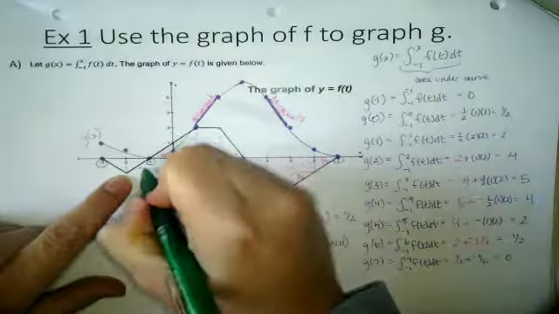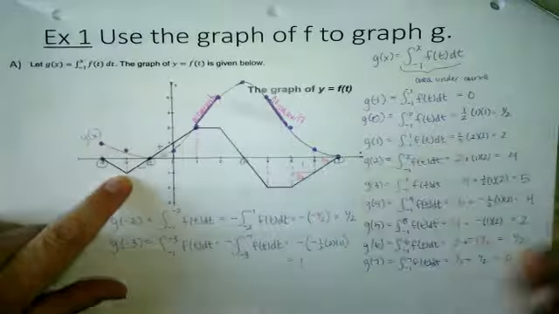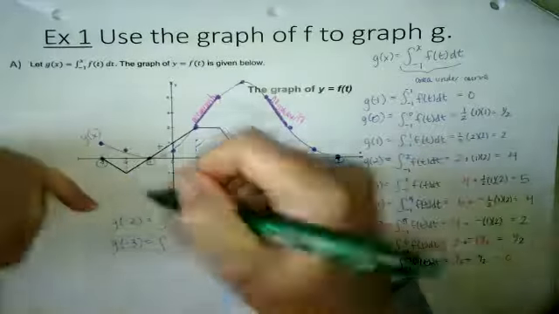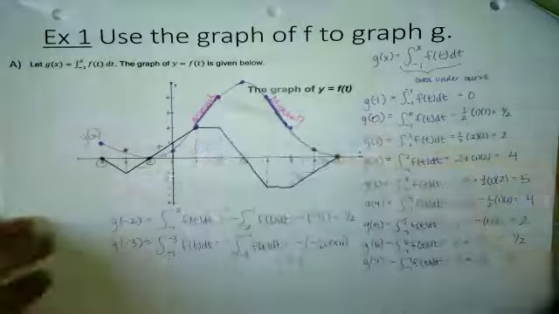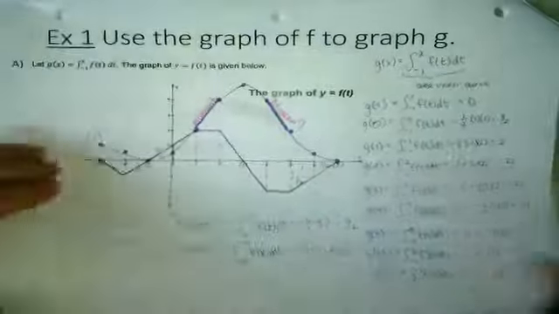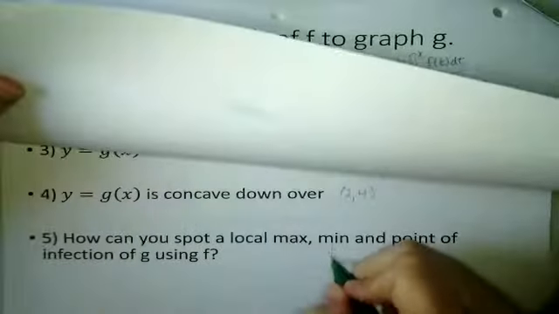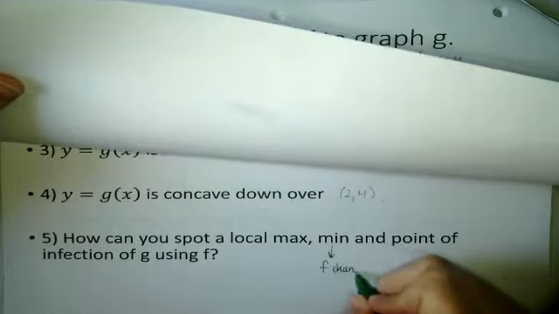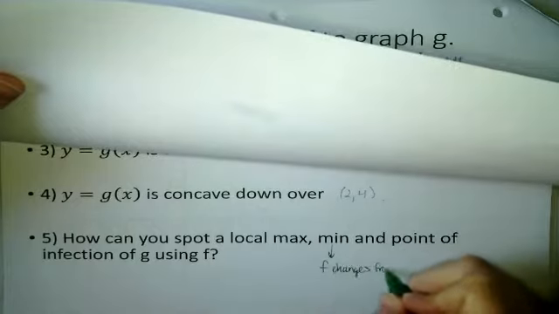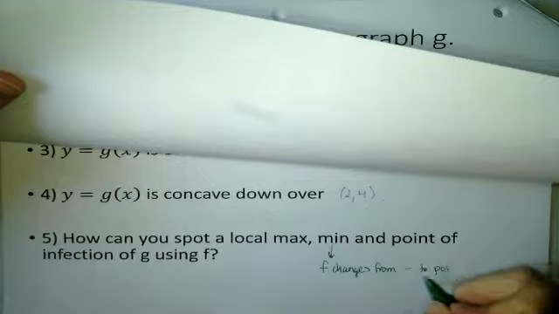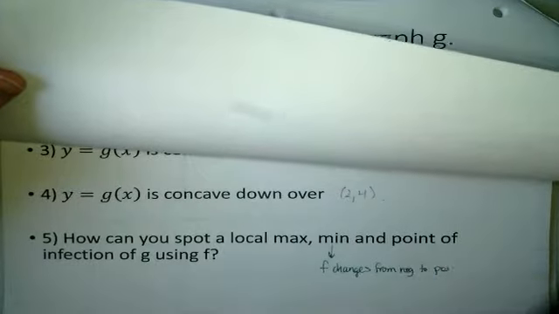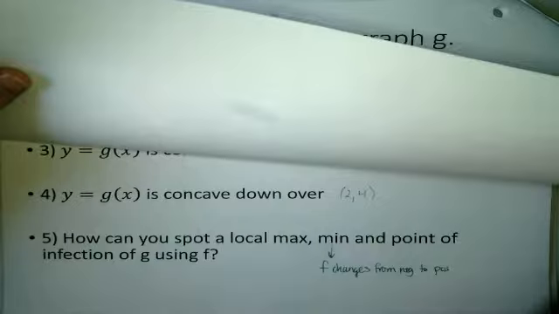It's changing from negative to positive. And that would be going from a decreasing to increasing G function. All right, so that local minimum is where F changes from negative to positive. All right, and that would be where G is changing from decreasing to increasing.